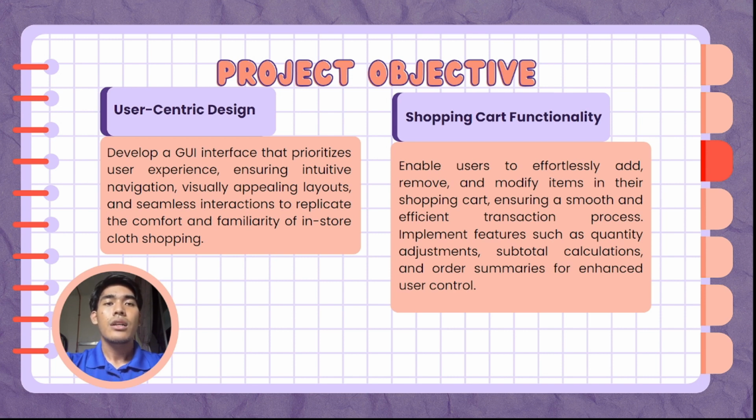Besides that, shopping cart functionality. Our user-centric design approach extends to the transaction process, where we empower users to effortlessly manage their shopping cart, seamlessly add, remove, and modify items with intuitive features like quantity adjustments.